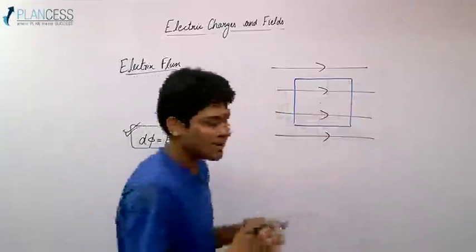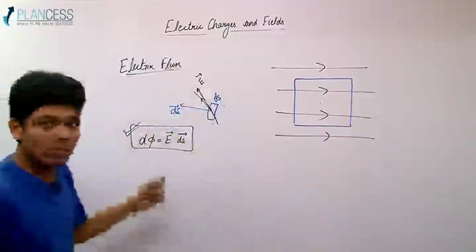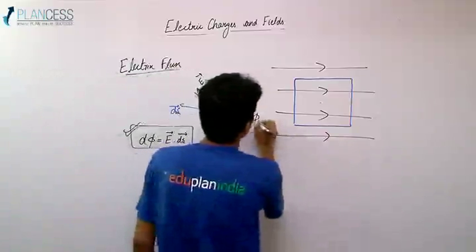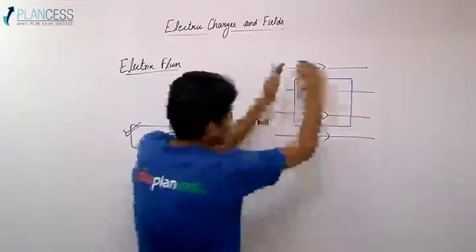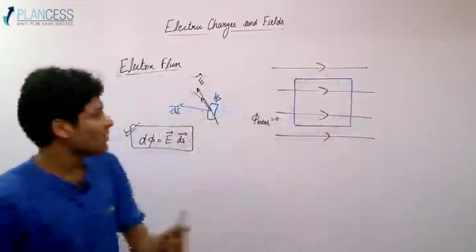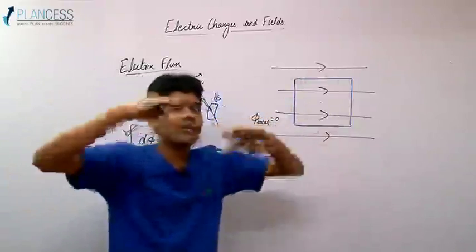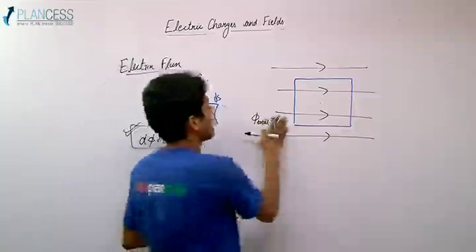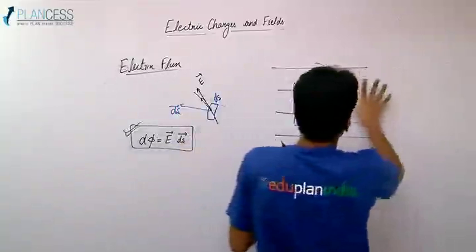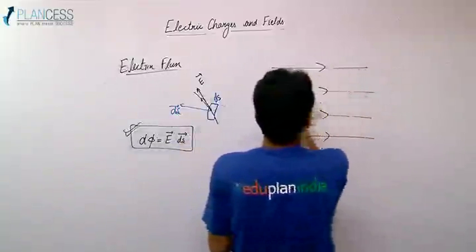You can clearly see that the angle between the ds vector and the E vector is 90 degrees. So E dot ds would be 0. So the total flux through this surface area is equal to 0. So if the electric field is parallel to the surface area considered, then the flux through that surface area would be 0.